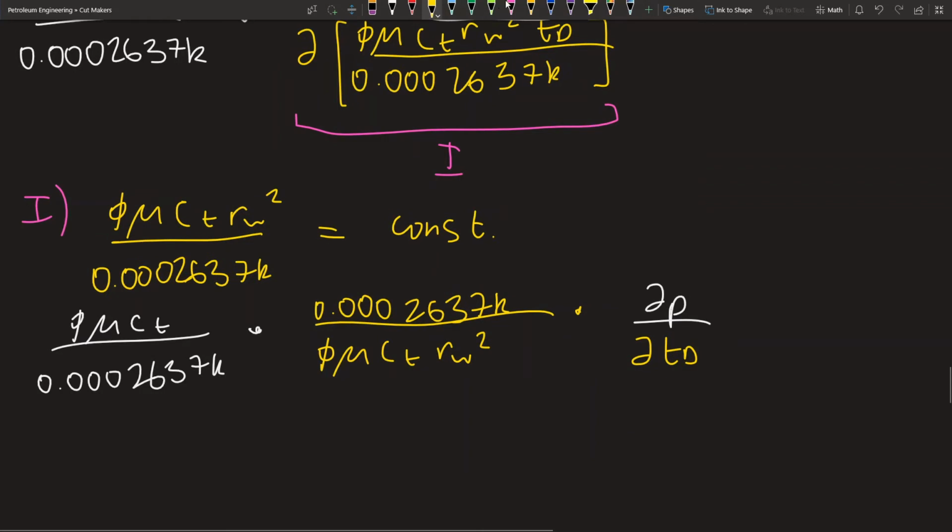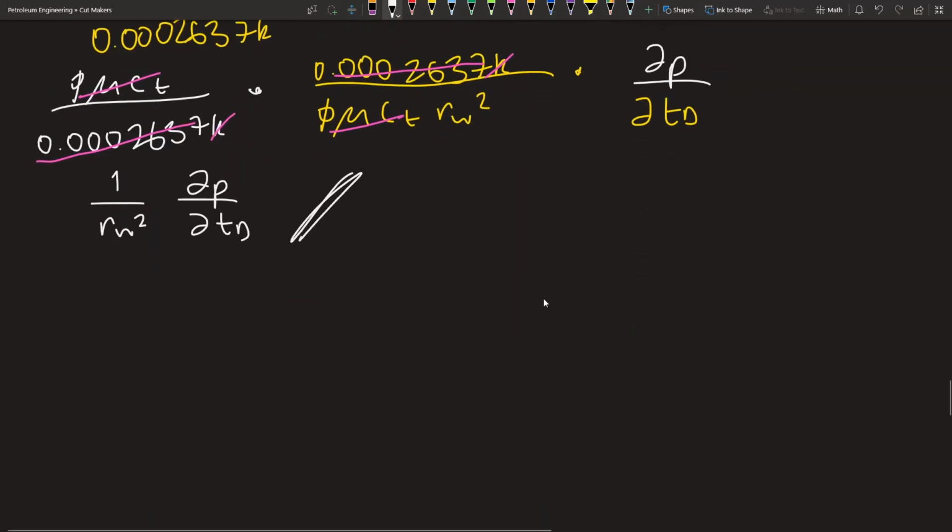Okay, and from here we can make some cancellations. So these constant numbers here can be removed. We have a k and we have a k here, phi mu c sub t and phi mu c sub t. Finally, we can rewrite the whole of the right hand side as 1 over r sub w squared dou p over dou t sub d.